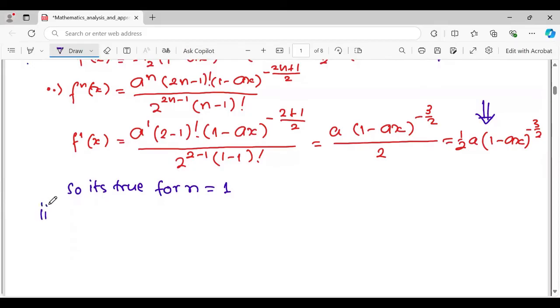And the second step, it is true for n equals k.